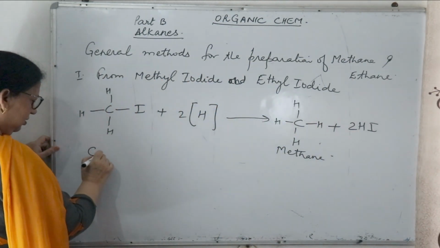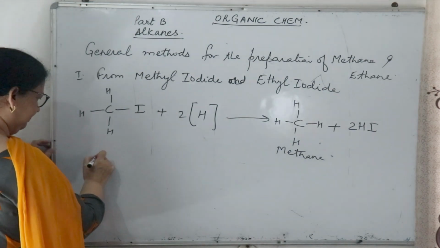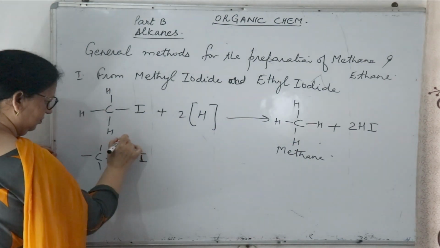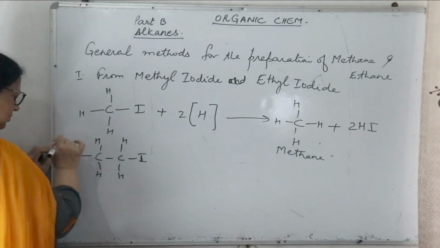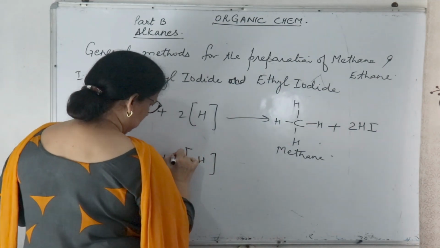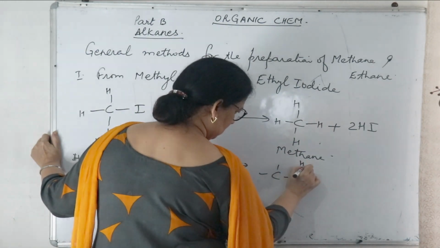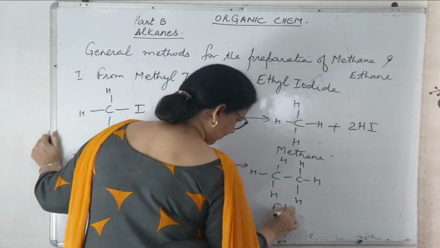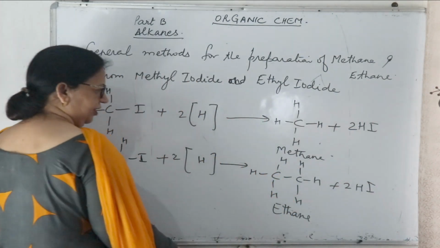Same way we can do with ethyl iodide plus nascent hydrogen, and that will give ethane plus hydrogen iodide.